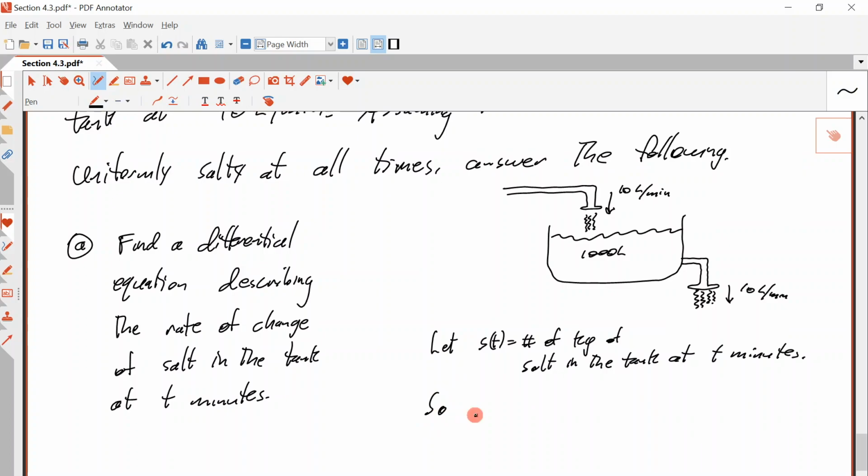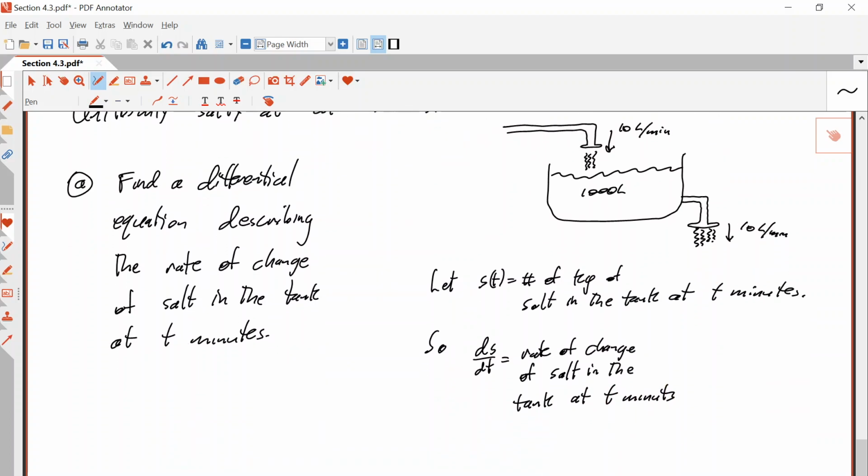So ds/dt, or s prime, is equal to the rate of change of salt in the tank at t minutes.